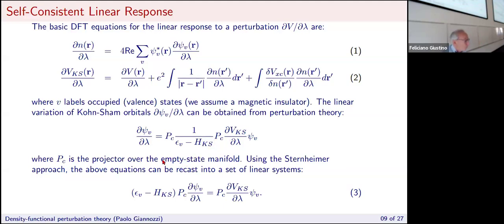The projector on the empty state manifold is used because if you have a manifold of occupied states and you perturb this manifold, you have to add something outside this manifold in order to change the charge density. Otherwise, you just perform a unitary rotation in the space of the occupied manifold, and nothing happens. The charge density remains the same. So the contribution has to come from the unoccupied orbitals.